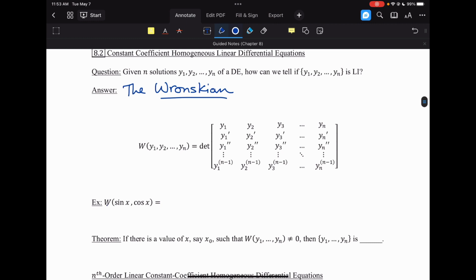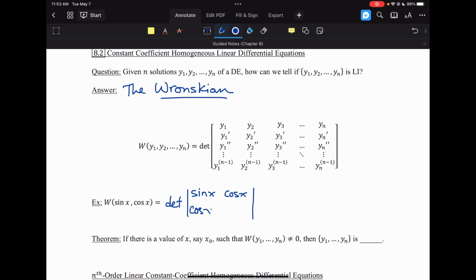Well, let's look really quickly at the example we just did. The Wronskian of sine of x and cosine of x. So that would be the determinant of, so we would have the first one and the second one, along with their derivatives.